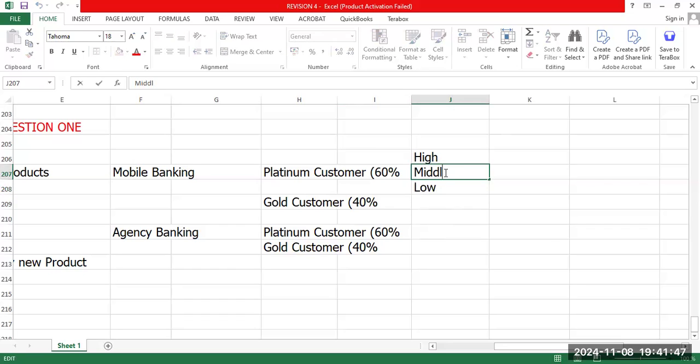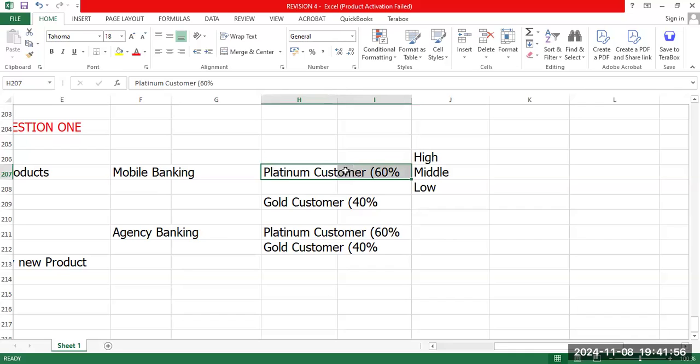Okay. So these are some of the things you needed to know. Yes, you know that you have a category of customer called the platinum customer. But in that category, you just need to know that the income level of these customers is different.